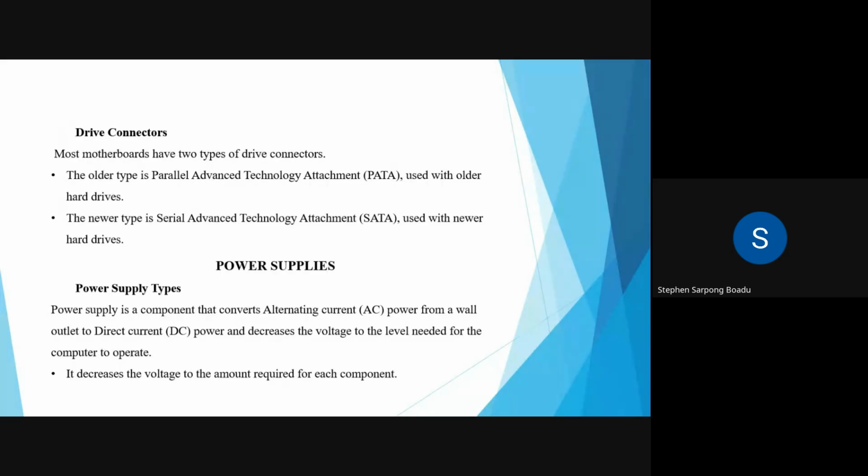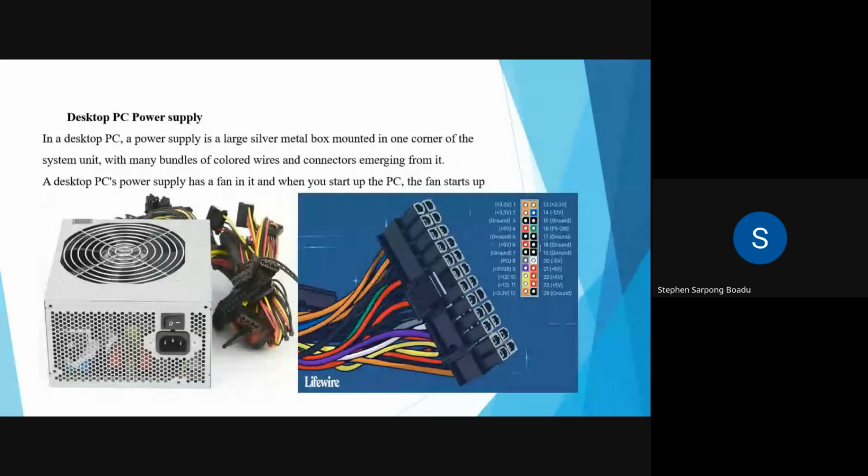All right, let's look at how the power supply looks. I'm sure most of you have seen a system unit before. In the system unit, you can see there is a place where a fan is turning around, even on your normal PC.